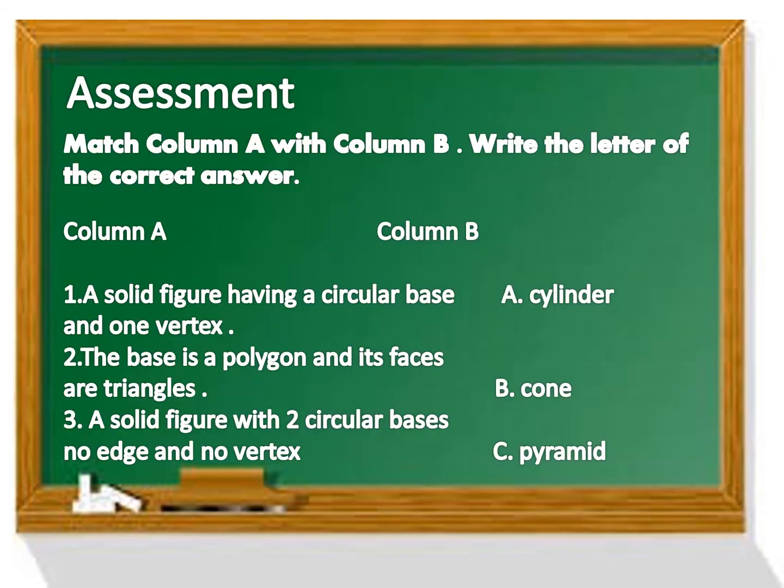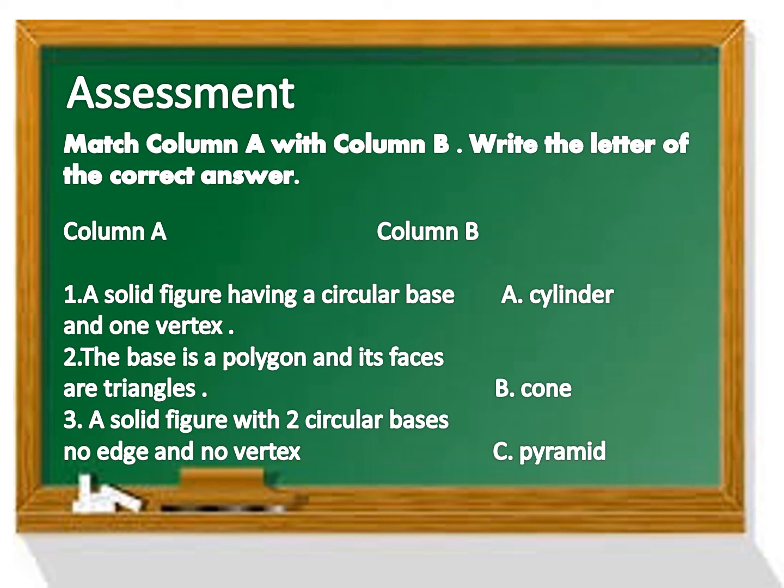Now class, let us answer the assessment. This is the direction. Match column A with column B. Write the letter of the correct answer. Column A. Number 1. A solid figure having a circular base and 1 vertex. Number 2.